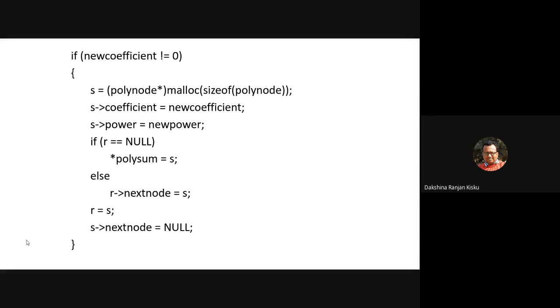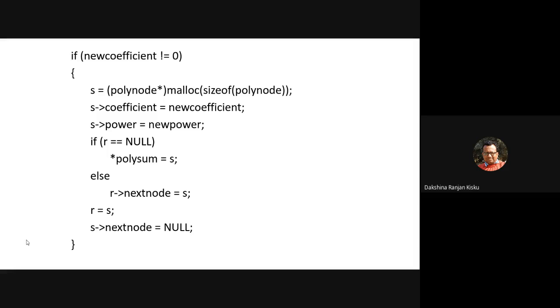And since we are using the linked list, we have to create the nodes. So here this pointer s helps to create a node using the malloc function, and when the malloc function allocates memory of size polynode, then that memory space will be pointed to by this pointer s.